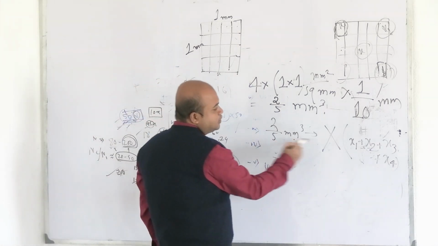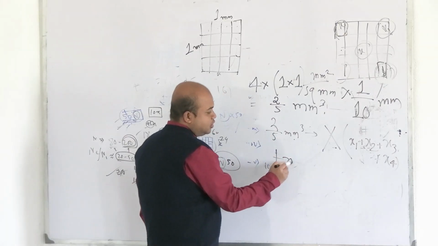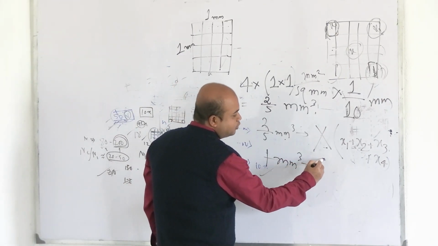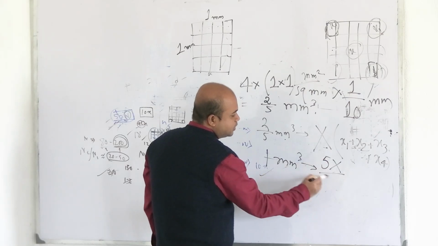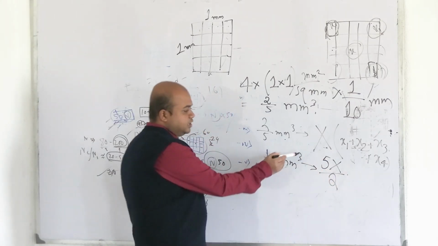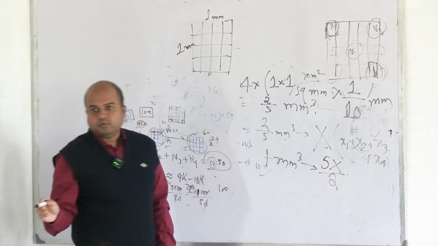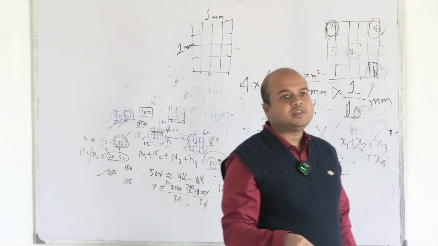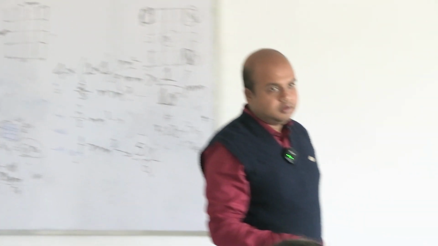So 2/5 millimeter cube contains X number of cells. So 1 millimeter cube of that blood contains X by 2/5, that is 5X by 2 number of cells. But this 1 millimeter cube is diluted blood, blood diluted with Turk's fluid.